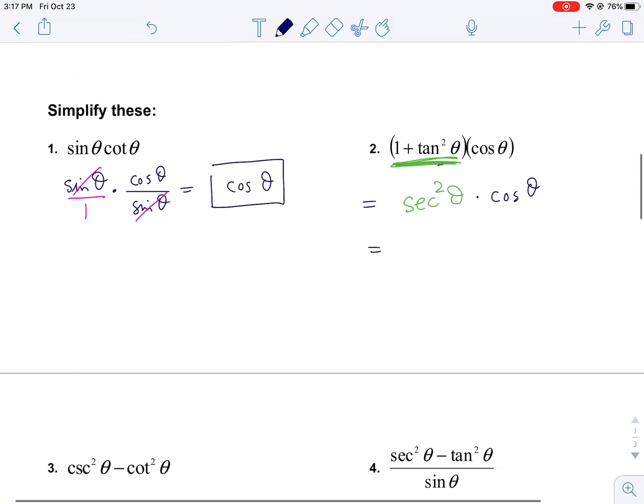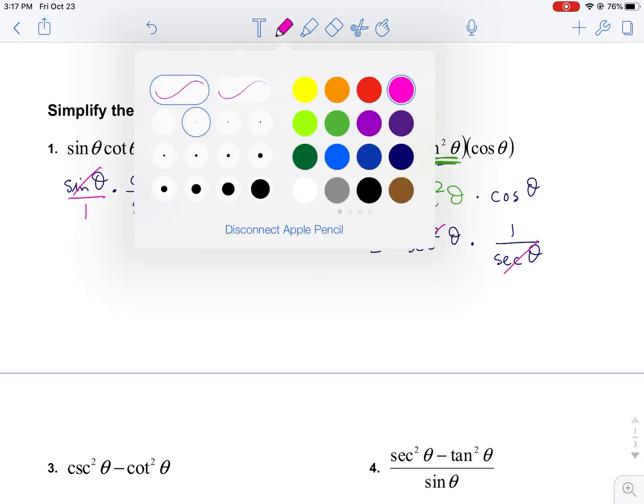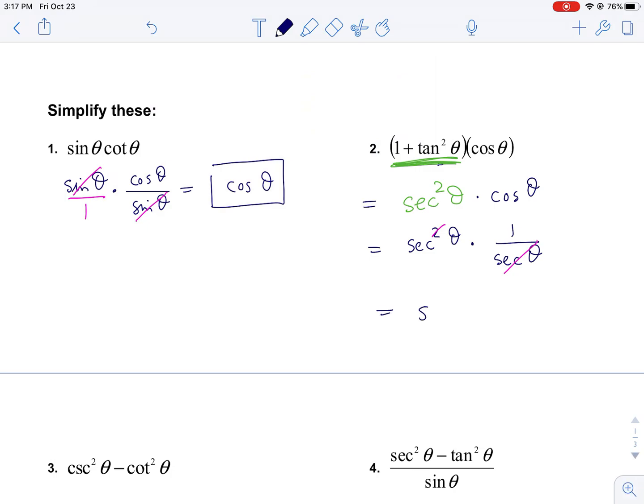Cosine is the reciprocal of secant, so I can leave secant squared as it is and rewrite cosine as 1 over secant. So I have secant squared times 1 over secant, and these cancel out. I got a secant in the denominator and a secant squared in the numerator, which cancels to just secant of theta.